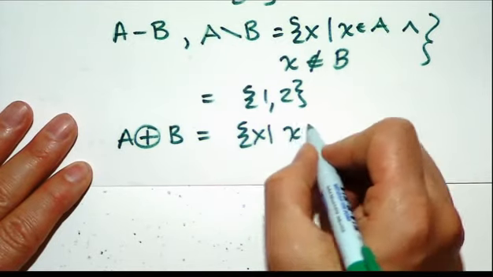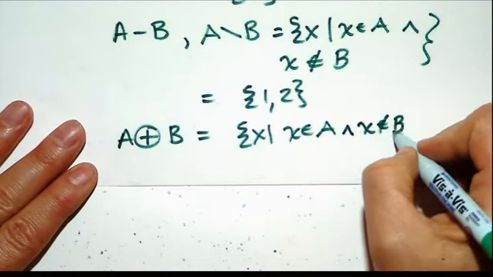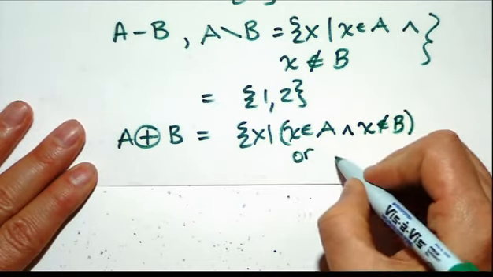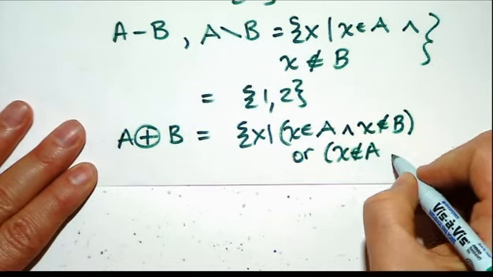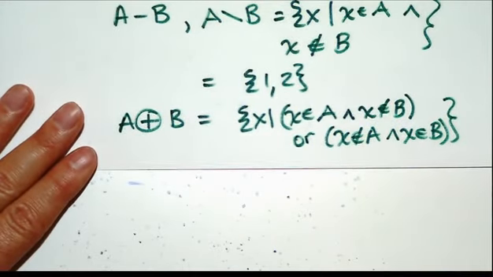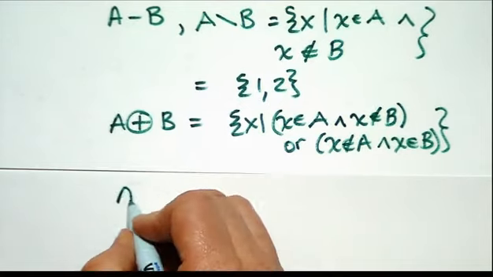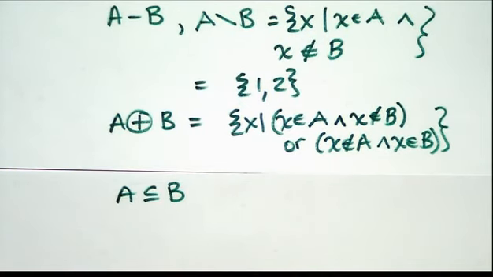It is X so that X is in A and X is not in B, or X is not in A and X is in B. Okay, so those are set operators.